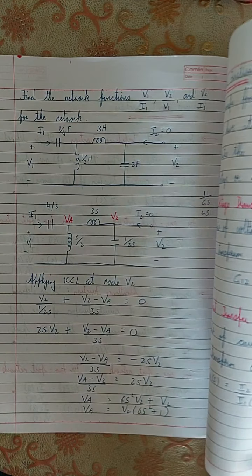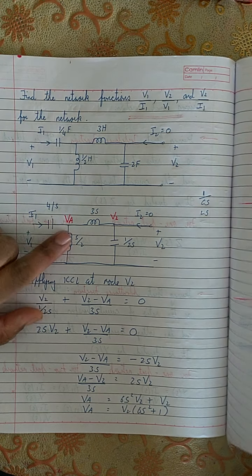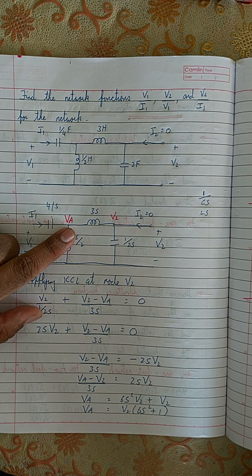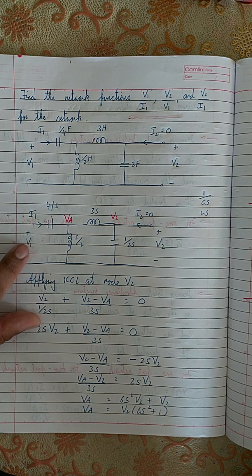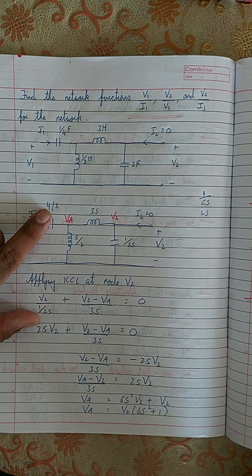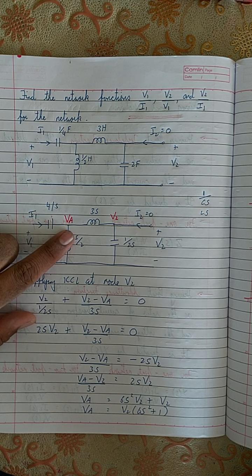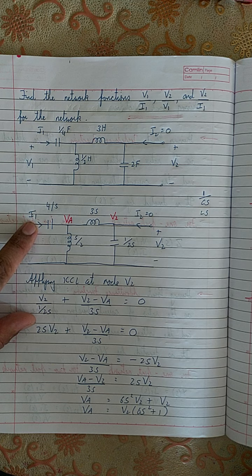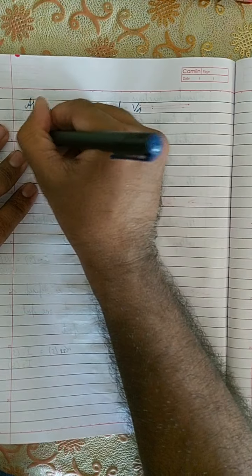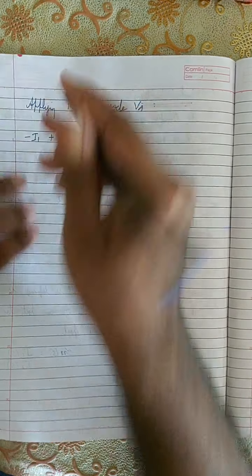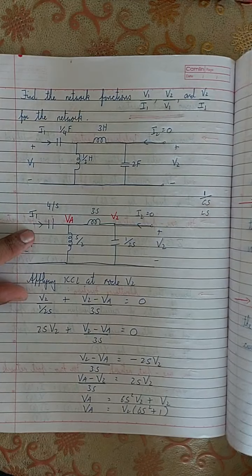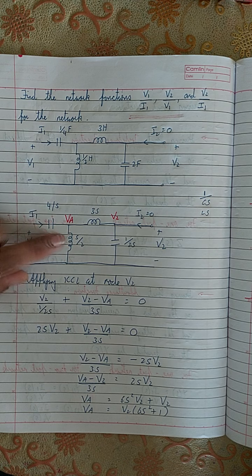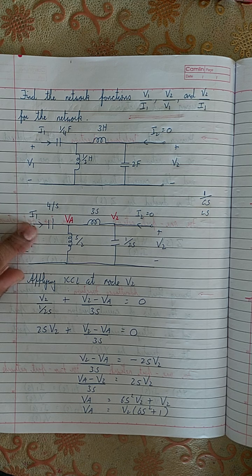So here the equation is, first we'll start with this, that is (VA minus V1) by (4 by s), or rather, that branch already has a name, it's called I1. So this is minus I1. I hope all of you remember why it is minus I1: because this current is incoming, not outgoing. Only outgoing current is marked as positive, and incoming currents are marked as negative. That's why it is minus I1.